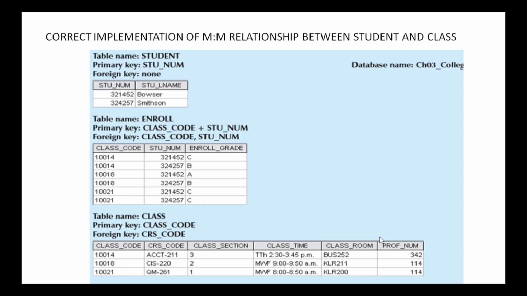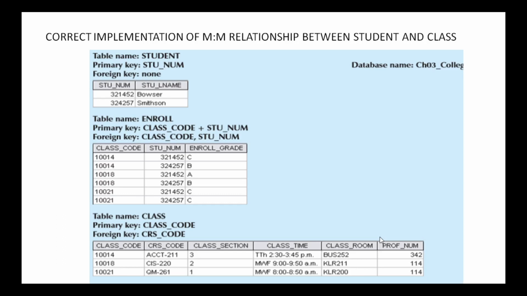Just see these entries, 10014 and 321452. Those values are the only values in the student number and class code. Actually, the class code can be repeated and the student number can also be repeated, but the combination cannot be repeated here. For the 10014 class, the student 321452 can be enrolled.